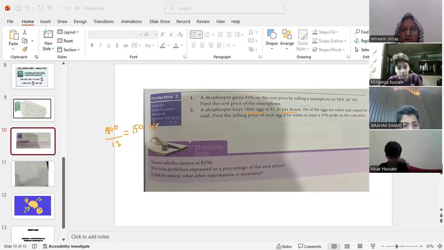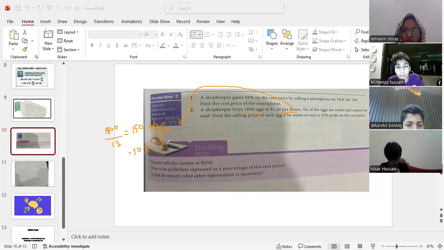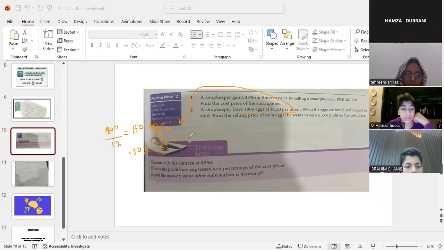Then the per dozen price is 1.20, so we multiply it with 1.20, and I will get 150 times 1.20.